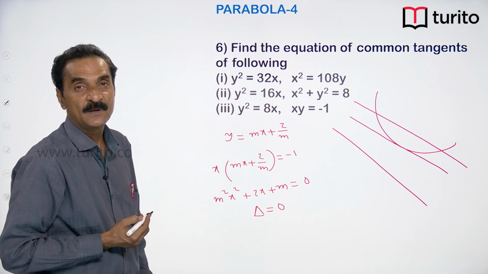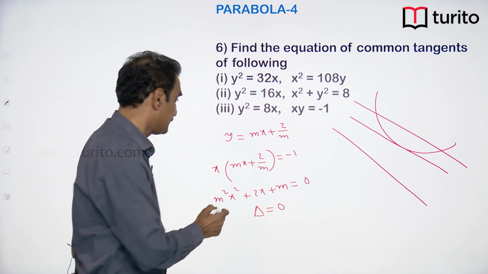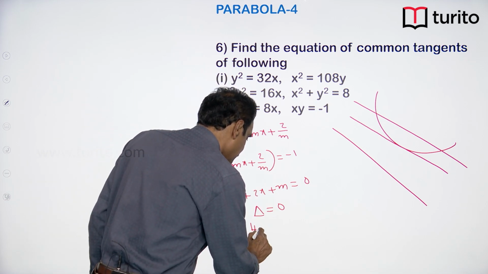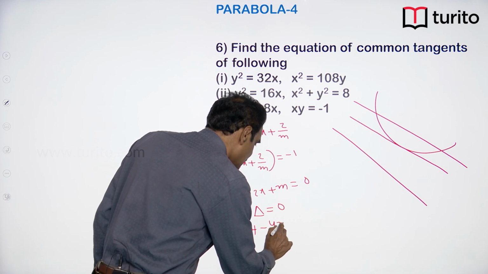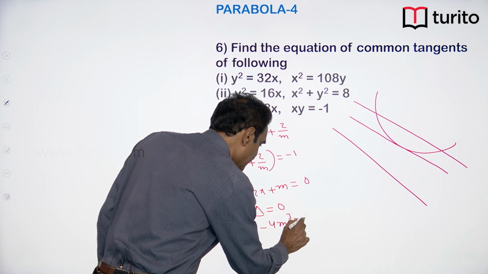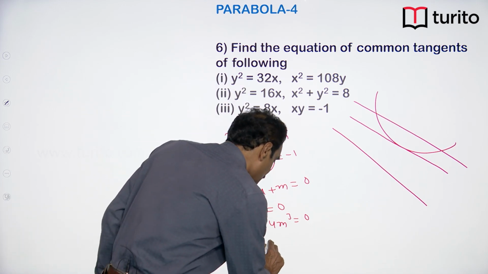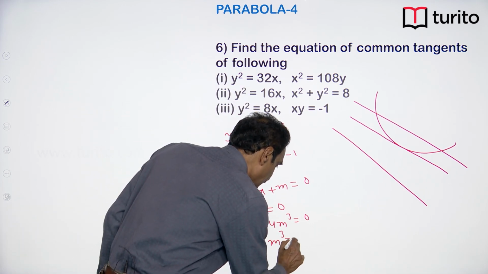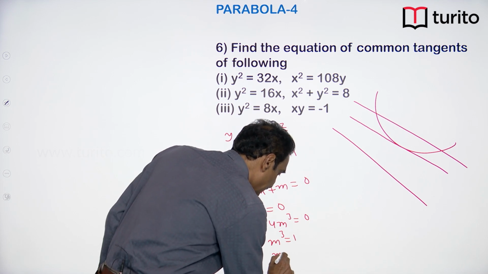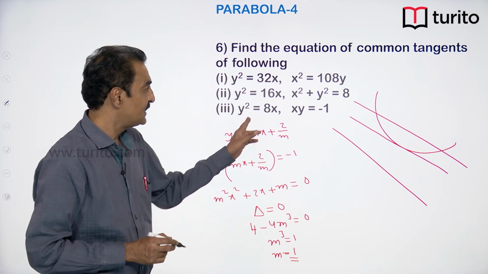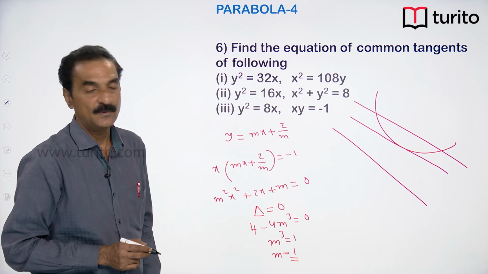What is delta? B square minus 4ac. B square is 4 minus 4ac is minus 4m cube is equal to 0. Then we will get m cube is equal to 1. Taking cube root, we get only one root, m is equal to 1. That means there is only one common tangent of these two.